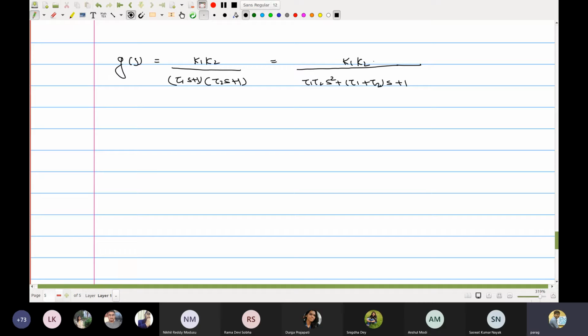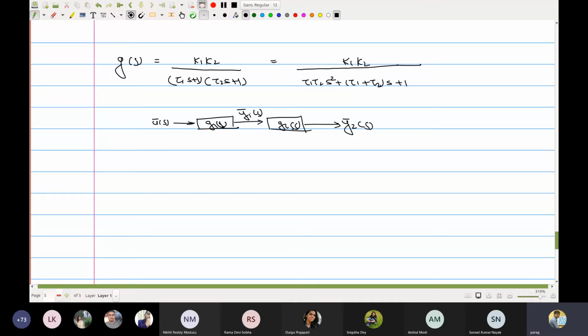Okay. And what kind of system did it correspond to? You have an input which is u of s. You gave the input and got the output as y1 bar of s, and then it was fed to g1 to get y2 bar of s. So this is g2s and this is g1s, right?